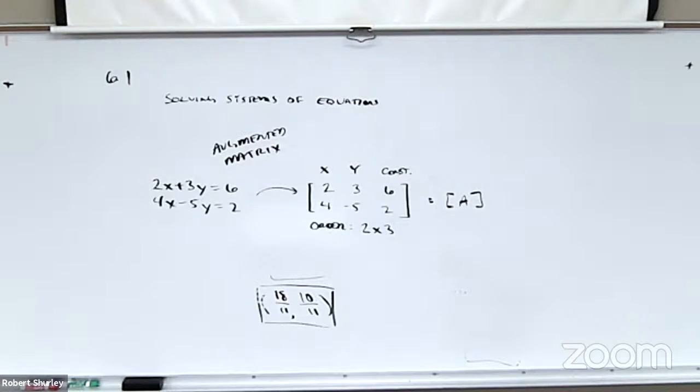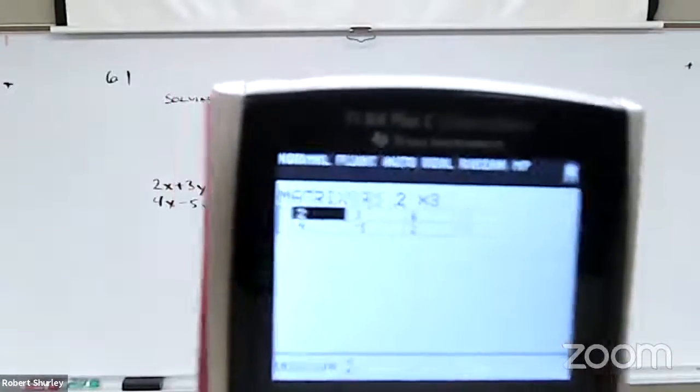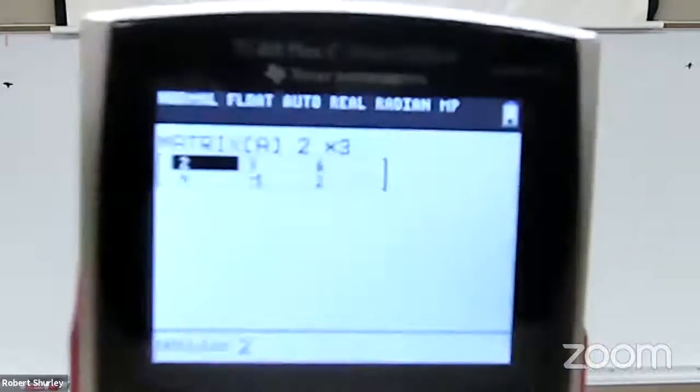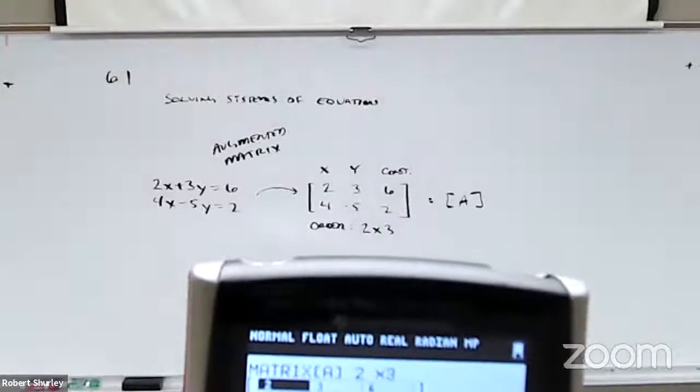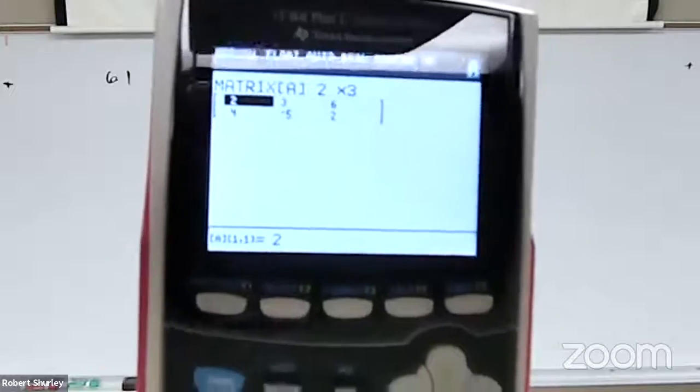And then 2. Okay, so my augmented matrix looks like this: 2, 3, 6, 4, -5, 2. Yeah, there's my matrix.